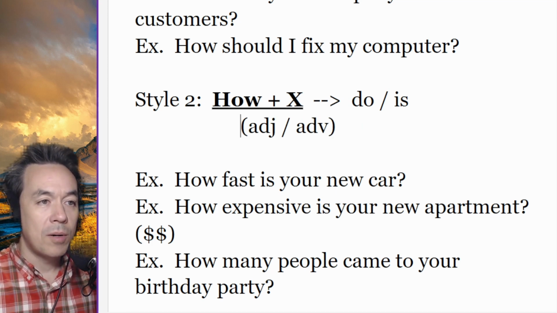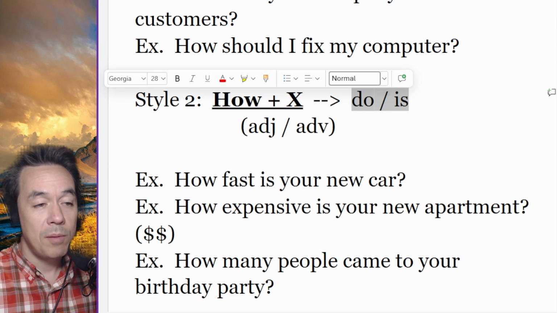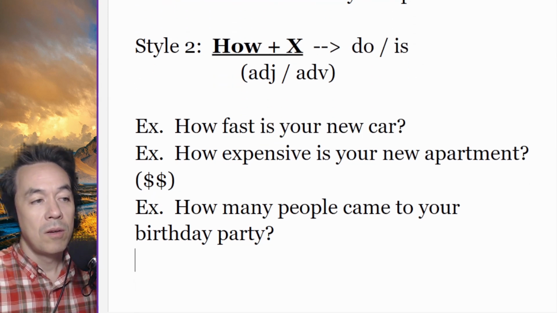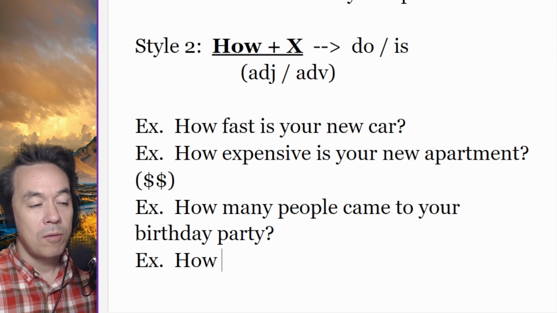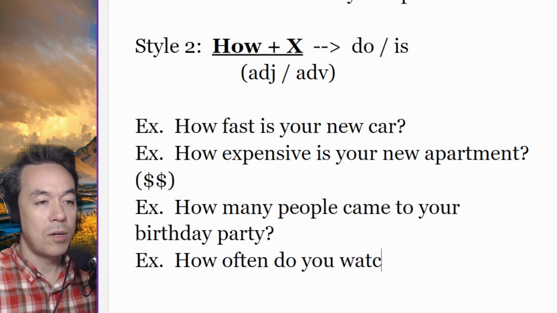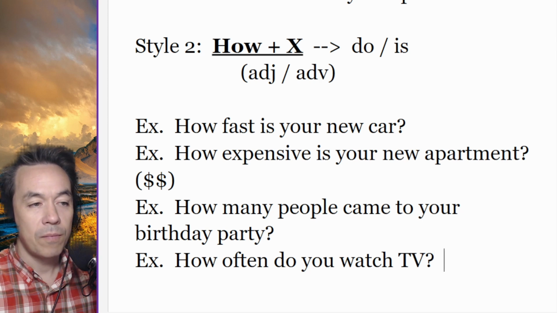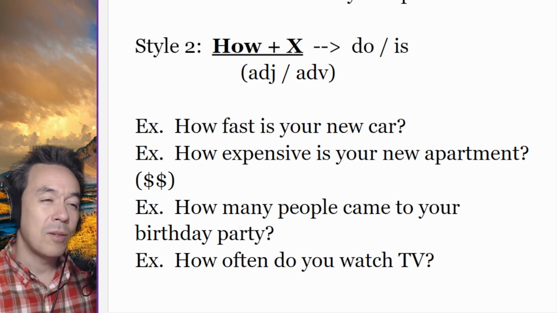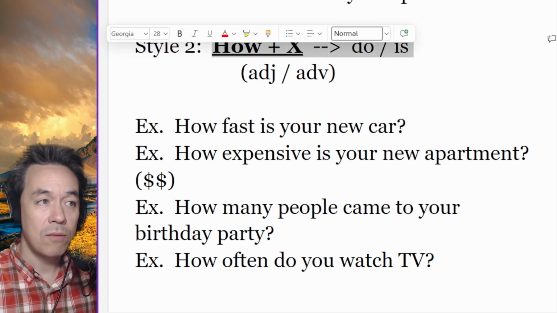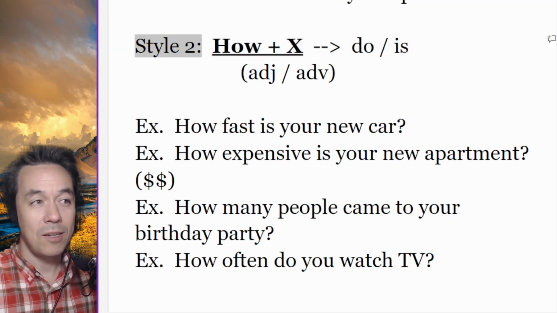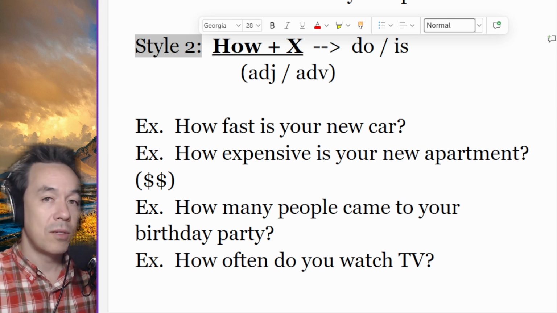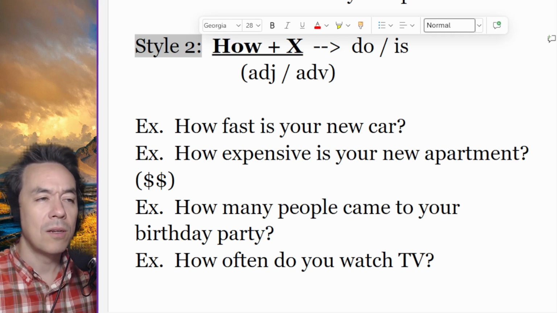And then the following part could be do or is, or in this case, how many people came, how fast is. Let's see, how often do you watch TV? Okay, so yep, there are so many different options or variations for this second style that you really have to just practice making your own for the sake of listening.